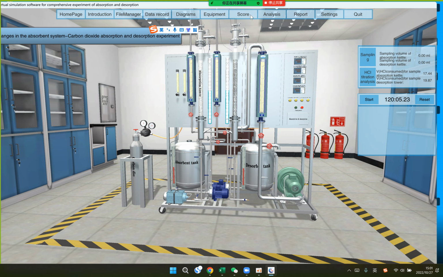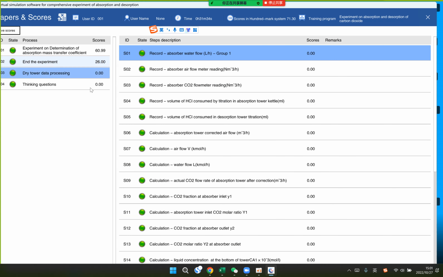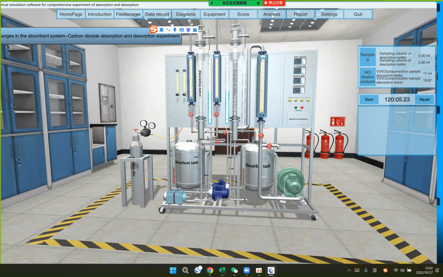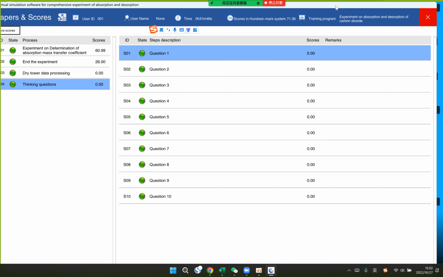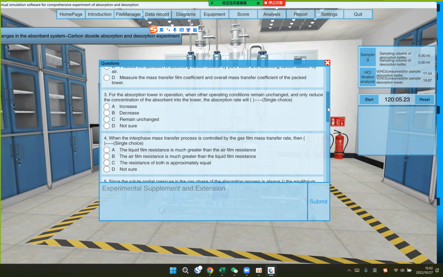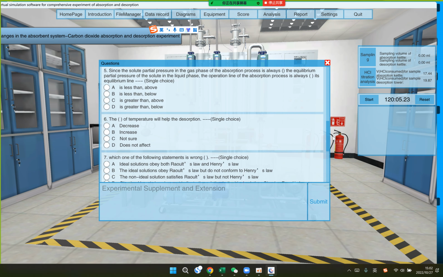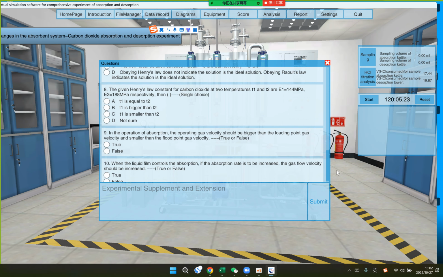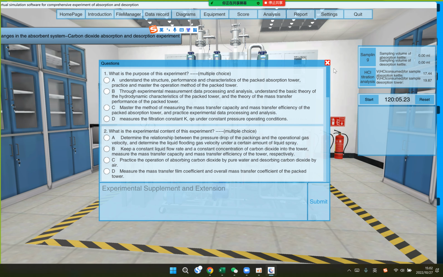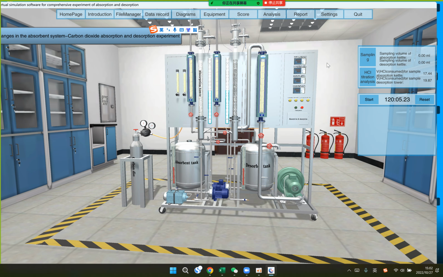After that, data processing. Because I didn't do this part, if you did that, I think you will get a full score. And thinking questions. Let me see whether the questions are the same as the previous experiment. It's not the same, so you have to answer the questions of both the 4 and 5 experiments.